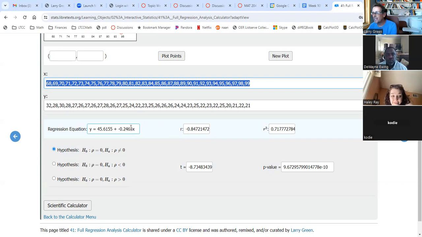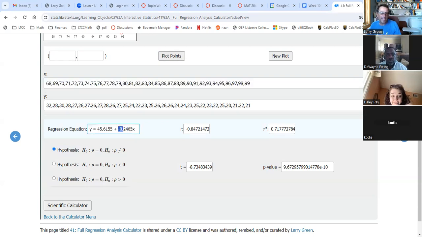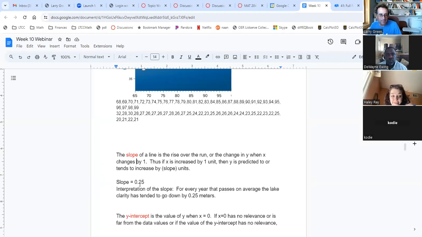So that 1 means that y goes up by 1. Y is the years. That means if 1 year passes, 1 more year. And then the negative 0.25 will be the change in the depth of clarity. So what we can say is that for every year that passes, on average, the lake clarity has tended to go down by 0.25 meters.